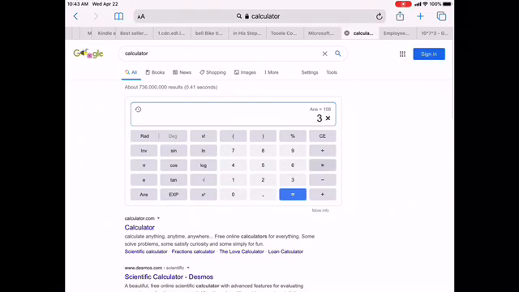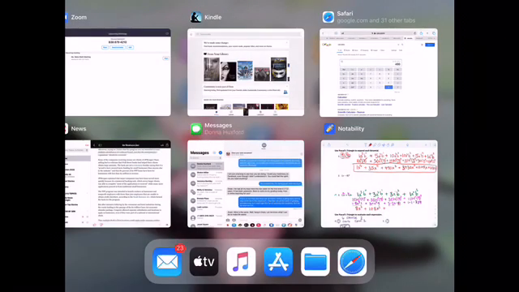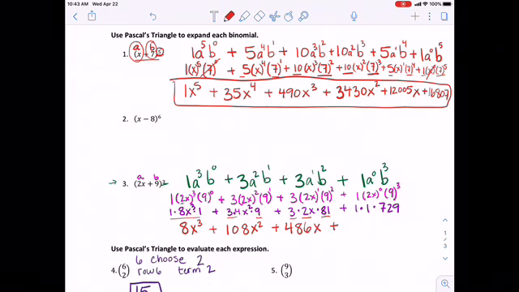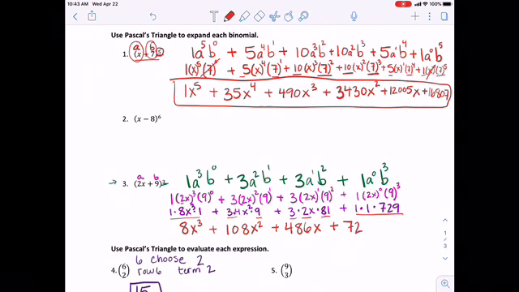So 3 times 2 times 81, and I get 486, and he'll keep his x, plus 1 times 729 is 729. And here is my final answer on problem 3.